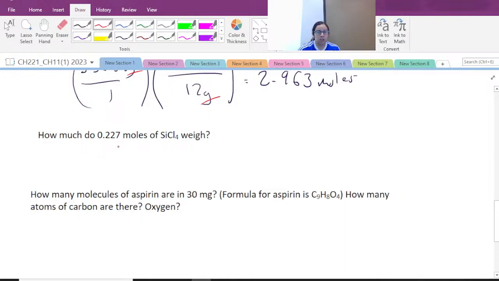So 0.227 moles, how much does that weigh of silicon tetrachloride?